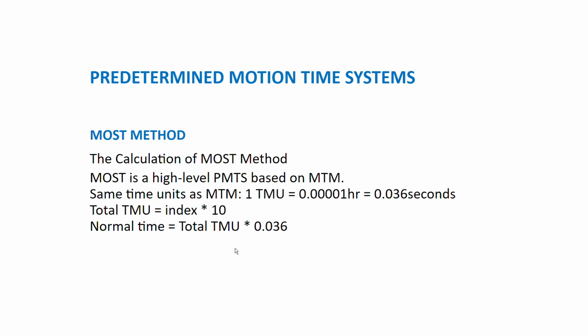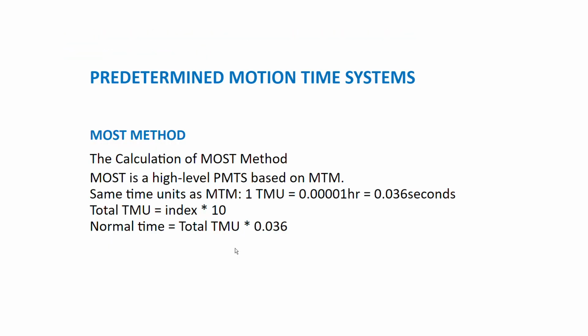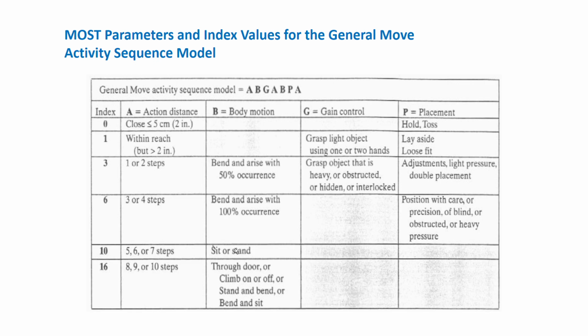To apply PMTS, we used the MOS method. It's a high-level PMTS based on MTM. This is a table of MOS parameters and index values for the general move activity sequence model.